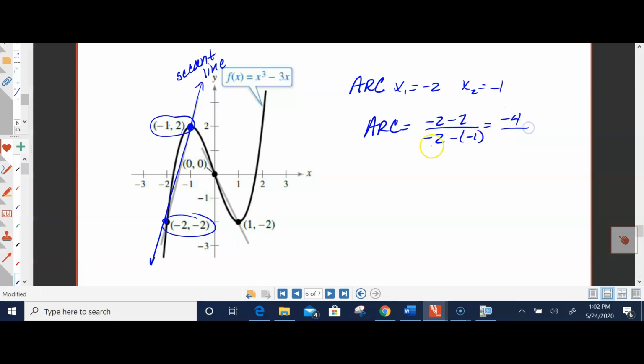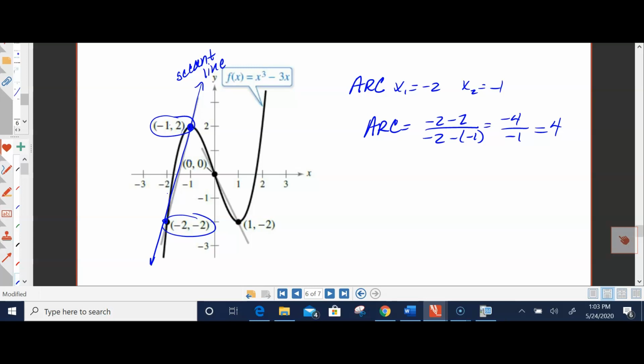I get a negative 4 over a negative 1, so that gives me a positive 4. All this means is that the slope between these 2 points is positive 4. That's the average rate of change. On average, it changes 4 units for your rise and 1 unit for your run.